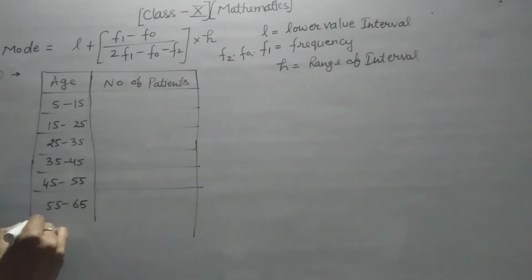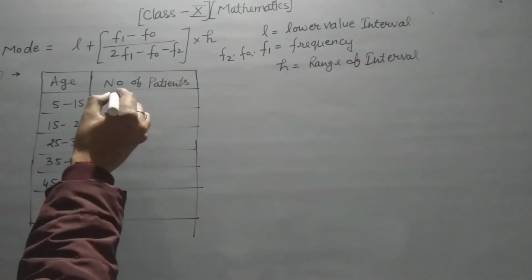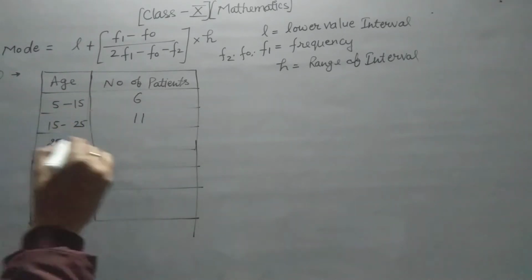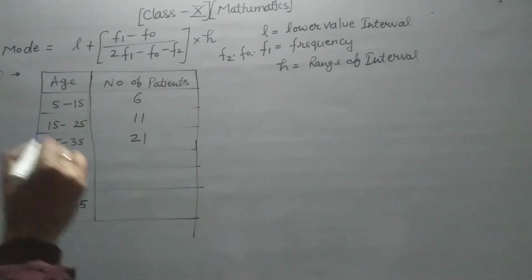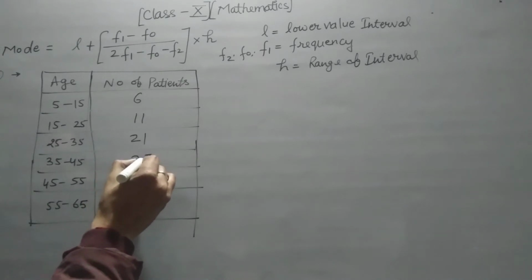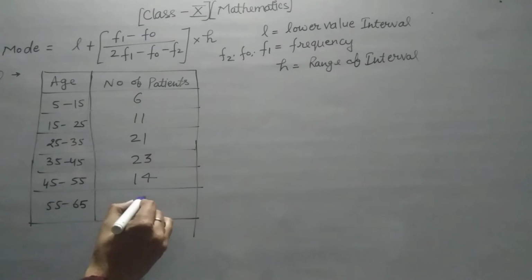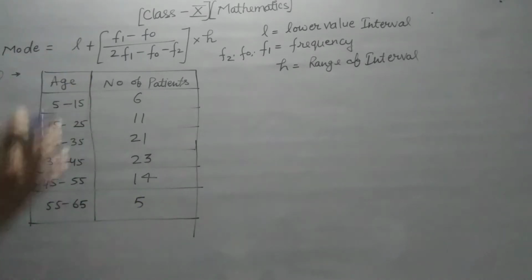Make this table before solving and finding the mode. Here the number of patients is 6, then 11, then 21, then 23, then 14, and then 5. Clear? This table is given in the question, and then you have to find the mode.